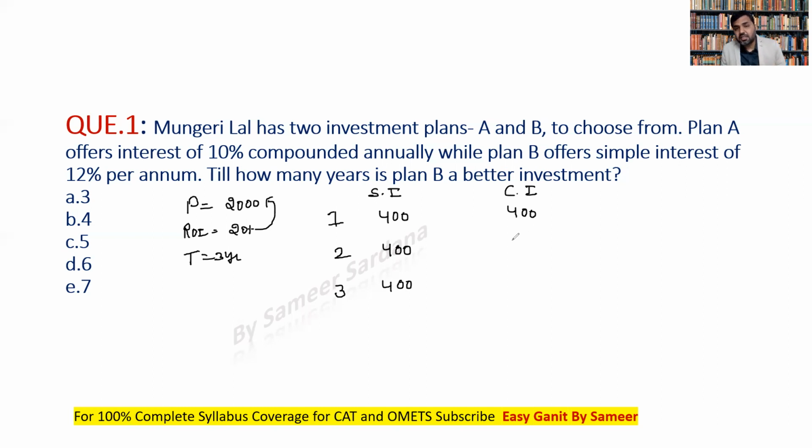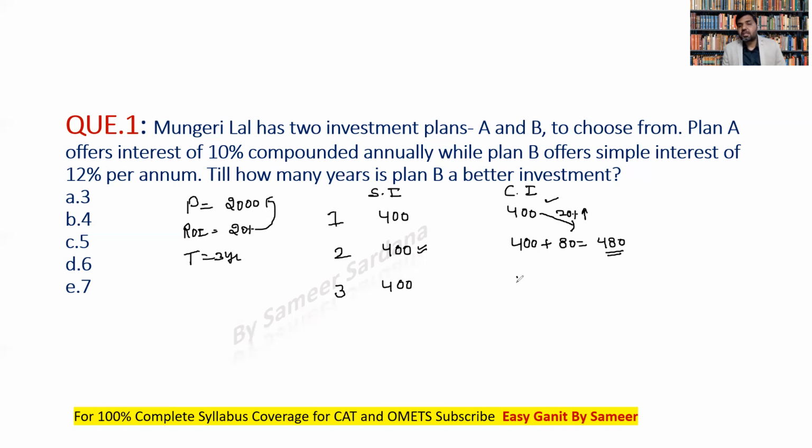But in the second year, I will get 20% of 2,000, but I will also be getting 20% of this interest, which will be equal to 80 rupees. So in the second year, I'll be getting 480 rupees. Now you see that my second year interest is 20% more than the first year interest. But in simple interest, I'm getting the same value, that is 400.